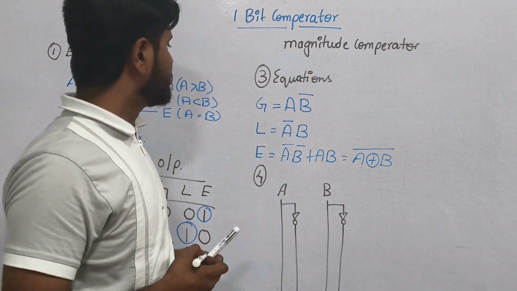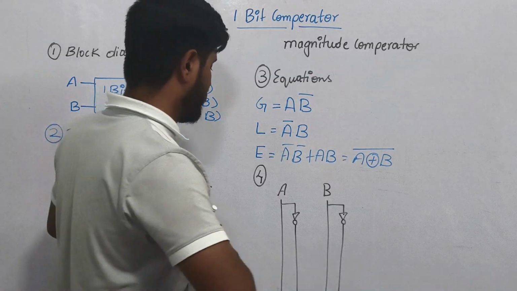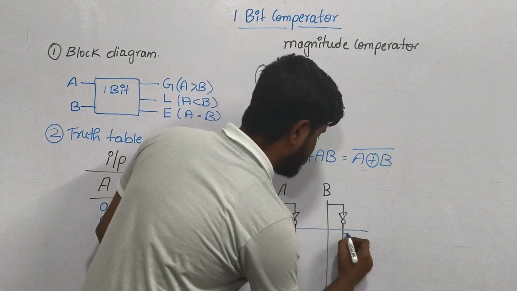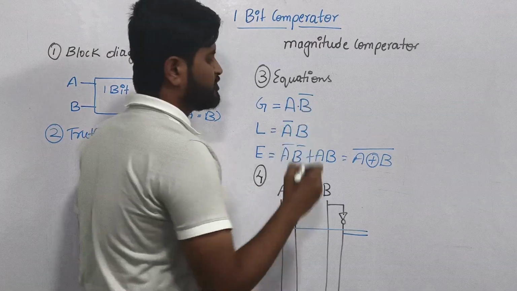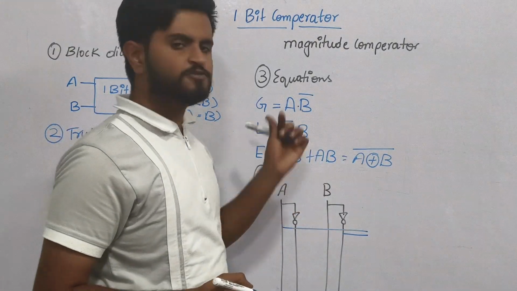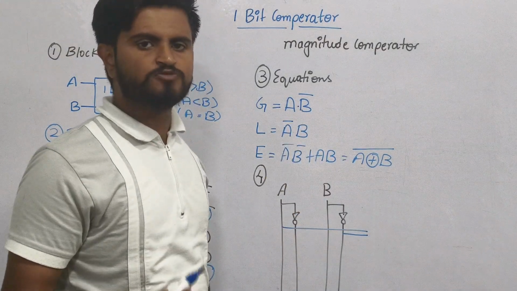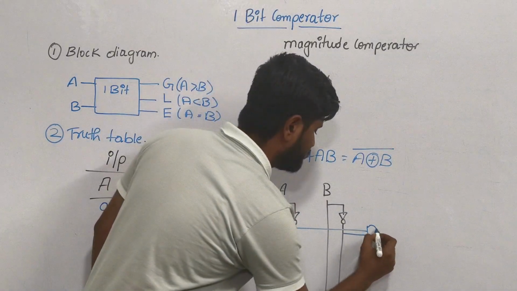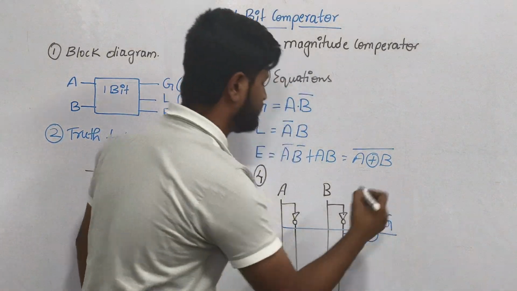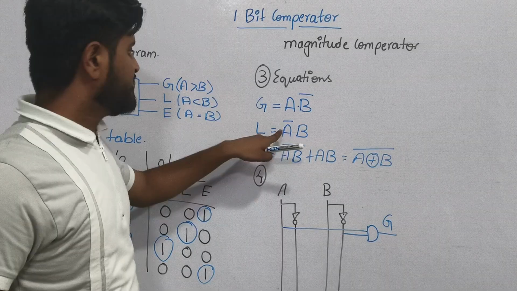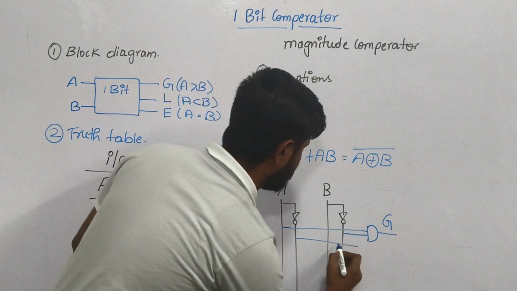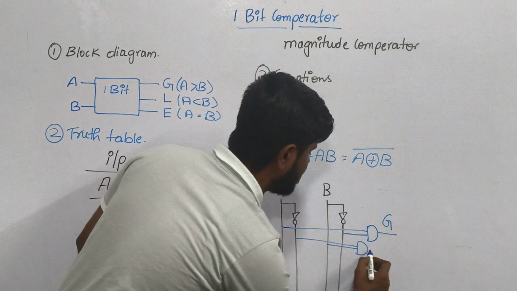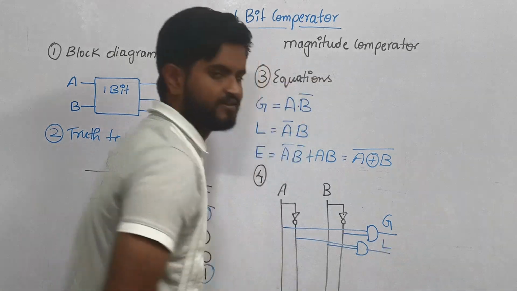First I will draw the greater one, that is A B bar. Between them there is a dot, and nothing there means multiplication, so we will use the AND gate. So this is greater. Next let's write for less: A bar B, with an AND gate, for lesser.